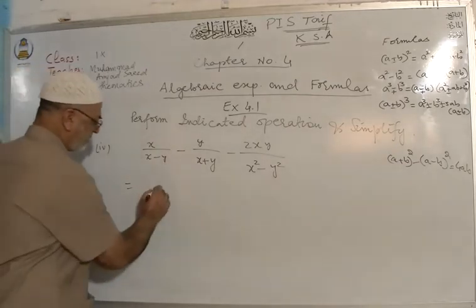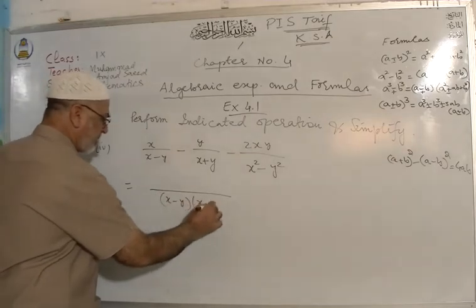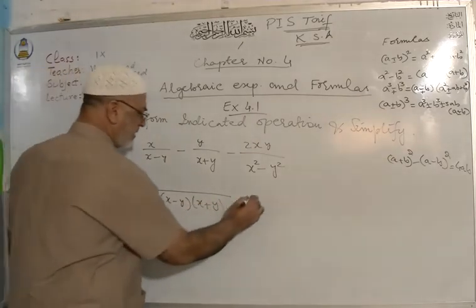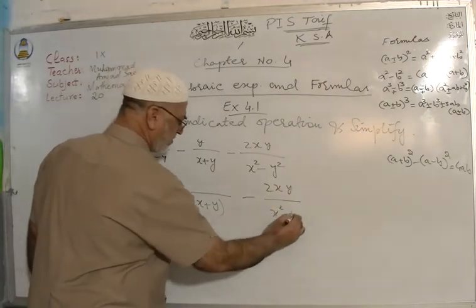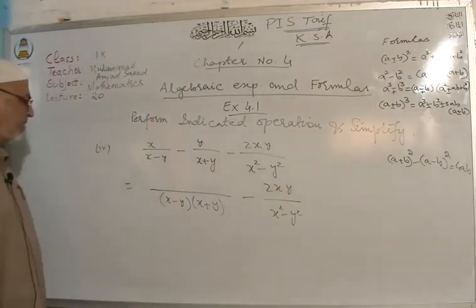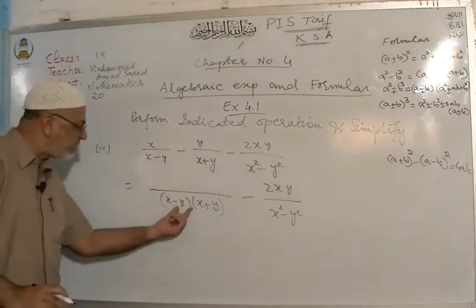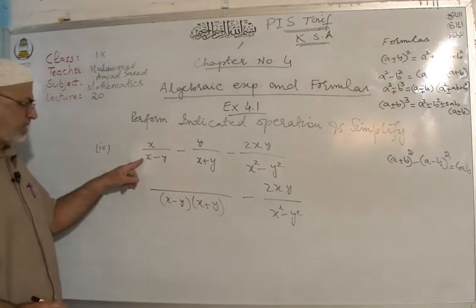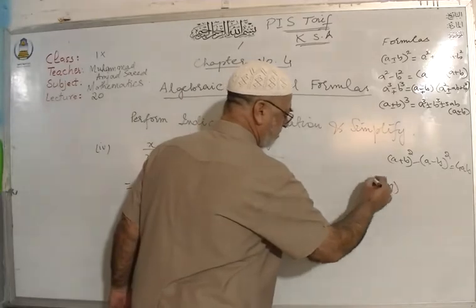They are different, x minus y, x plus y, and the last term as it is. You write down the last term as it is. X minus y, x plus y, this is the LCM. Divide this LCM by x minus y.